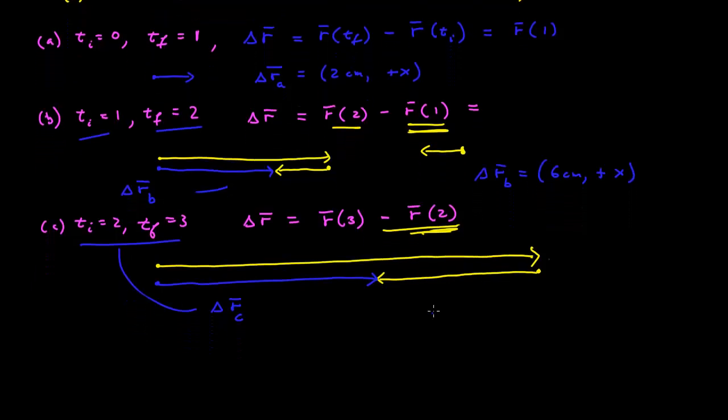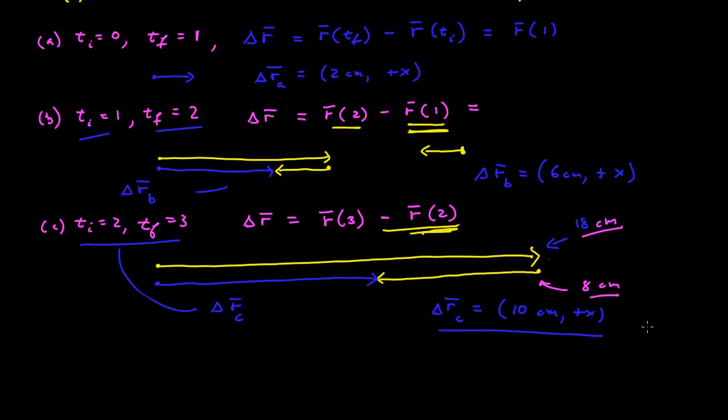And so for this one, c here, this first vector went 18 centimeters in the positive x direction, and then we went 8 centimeters in the negative x direction, so our resulting displacement vector is 10 centimeters in the positive x direction. And that was all done graphically.